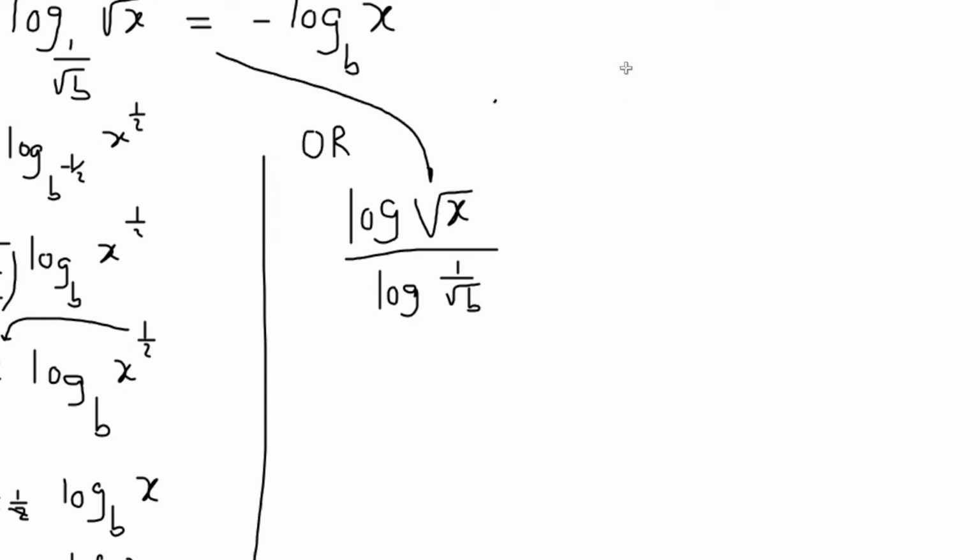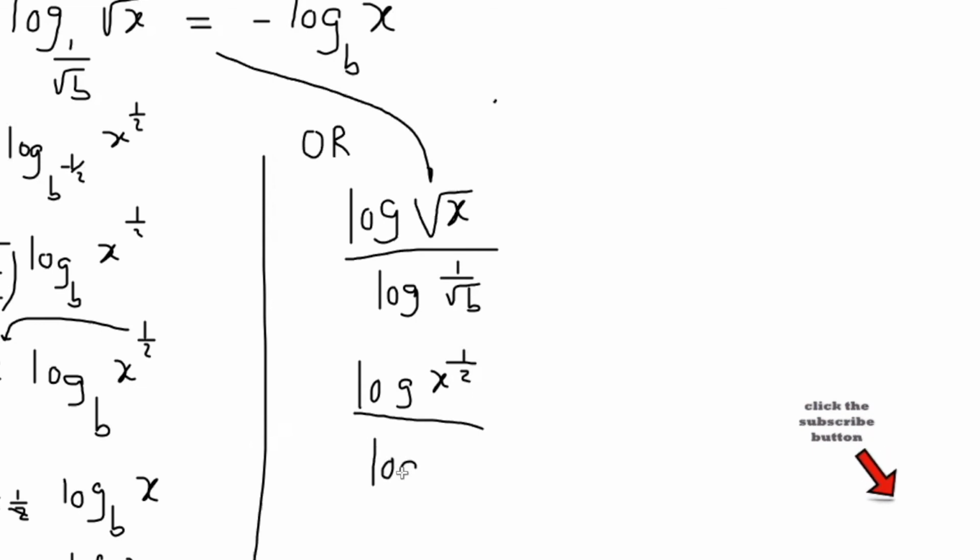Square root is the same thing as a half, so I can rewrite in the numerator log of x raised to the power a half. In the denominator, I will have log, but this part, remember I've done it before, it is going to be b to the negative a half.